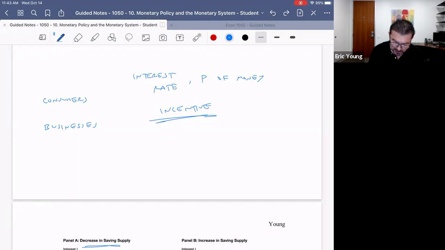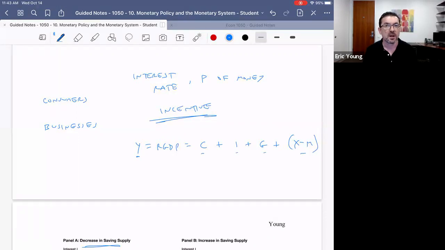And to answer that, we have to go back to the model that I taught you early on in our macro time. Y, which was real GDP, you recall, had a couple of core components. We had said that Y equals C plus I plus G plus X minus M. Obviously, if C and I and G and X minus M combine to give us Y, our real output, interest rates are going to be a key factor.